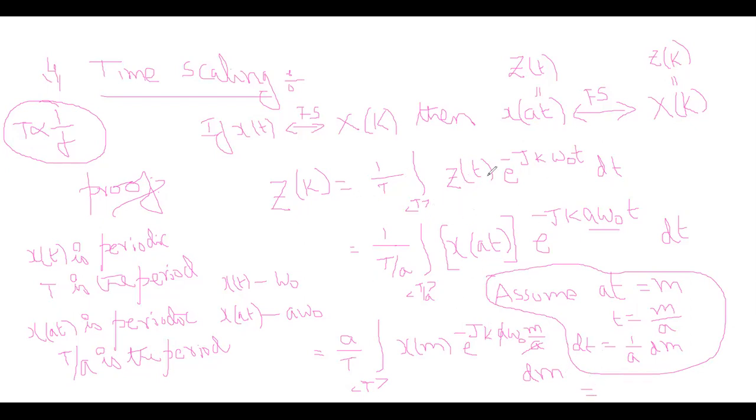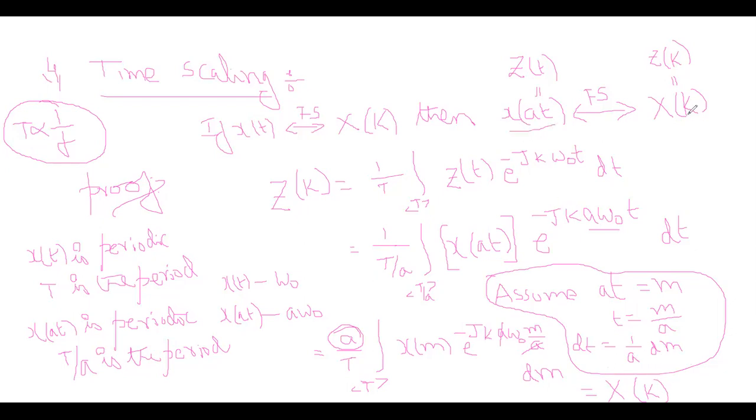See here, instead of z of t, here is x of m e power minus j k omega naught m dm. Simply, it is the capital X of k, when a is equal to 1. Otherwise, it's 1 by the magnitude of a, and a gets cancelled there.